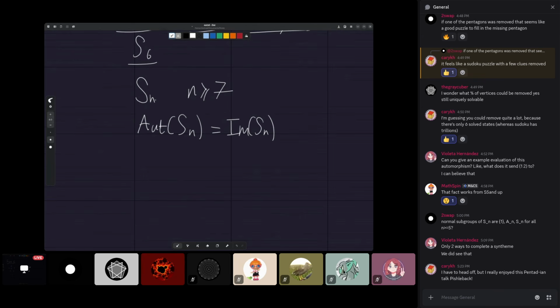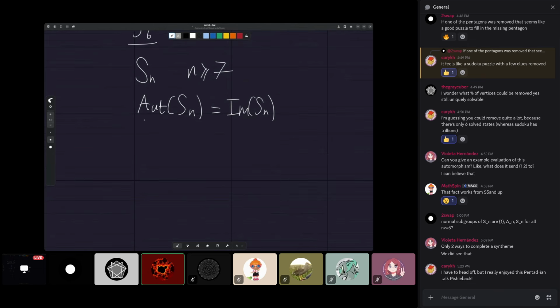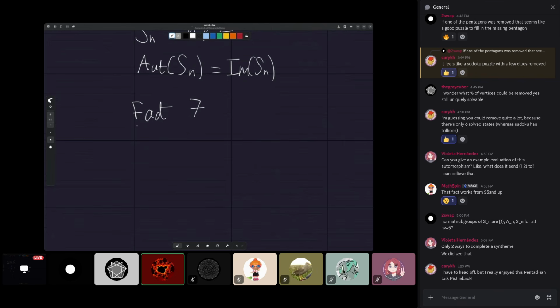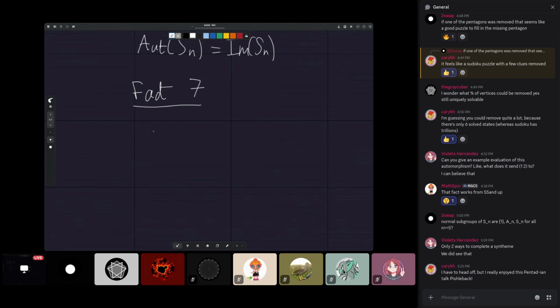I'm not going to prove it now, the proof's a bit horrible, but I can give the idea of the proof because it's quite nice. So I'll do my last fact, and I won't prove it, but I'll outline the proof idea. Fact 7.